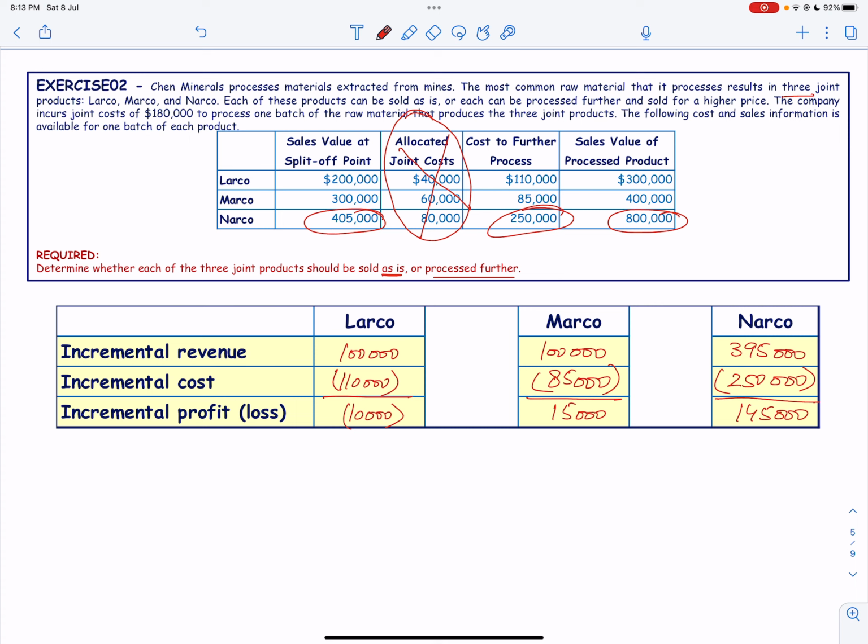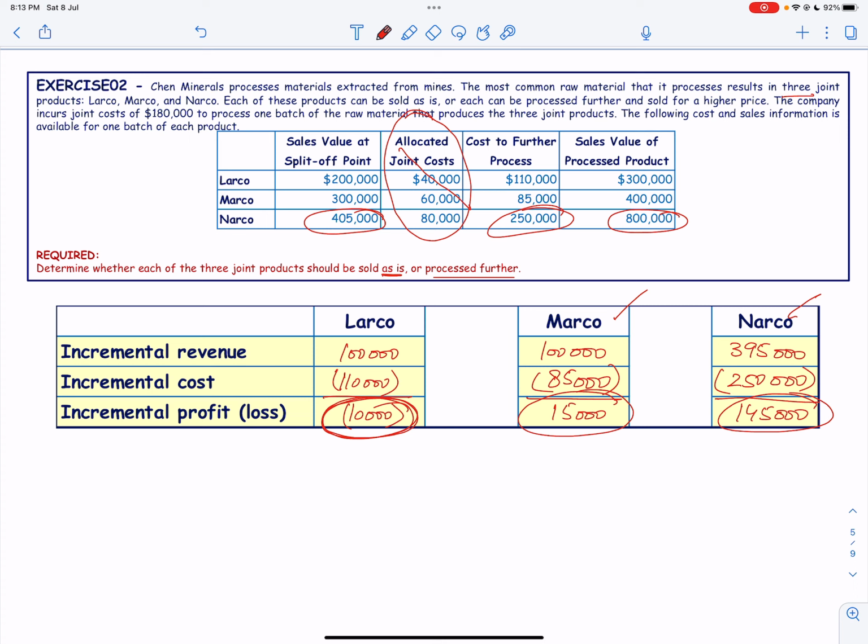So from the analysis we can see that Marco and Narco should be processed further because the incremental revenue exceeds the incremental cost, but Larco should be sold without further processing, as there will be an incremental loss of 10,000.